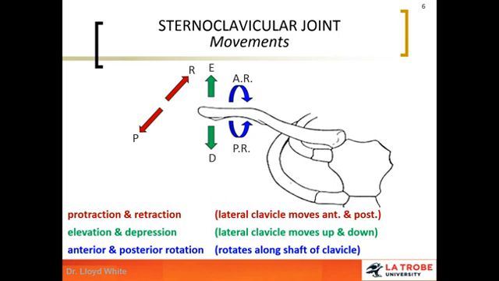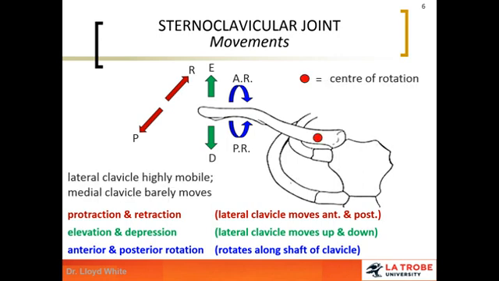Now, we mainly see the movements of the sternoclavicular joint on the lateral end of the clavicle and the movement of the scapula. And this is because the center of rotation for protraction and retraction and elevation and depression is very close to the medial end of the clavicle. So as these movements are occurring, this center of rotation is effectively staying in the same place.